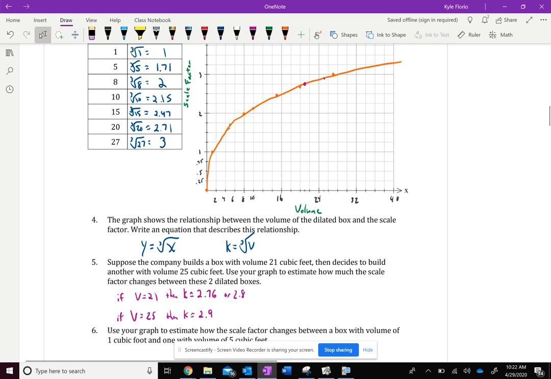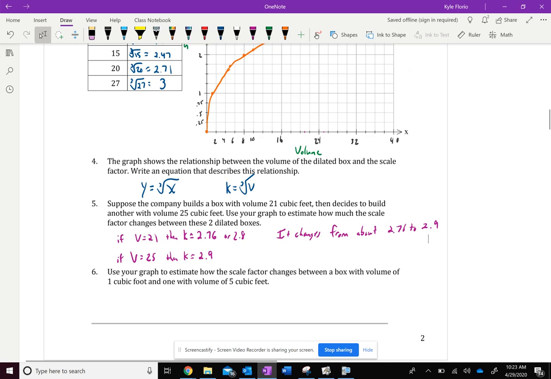So what's going on here? Use your graph to estimate how much the scale factor changes. It changes from about, because we're approximating, 2.76 to 2.9. Or even 2.8 to 2.9. So it's not changing much, even though the volume is changing by 4 cubic units.